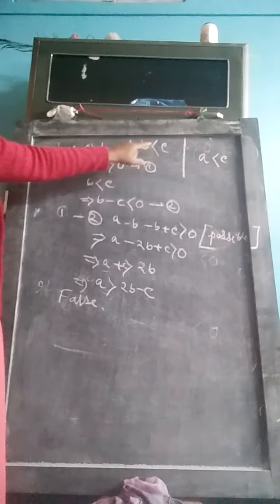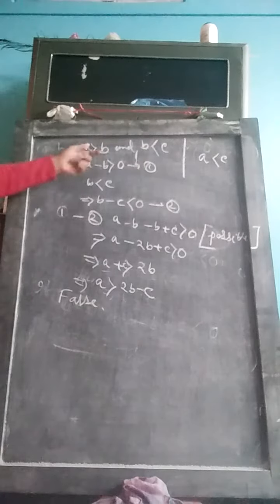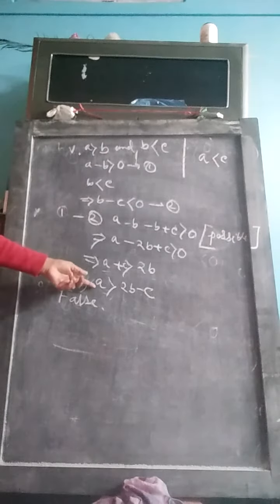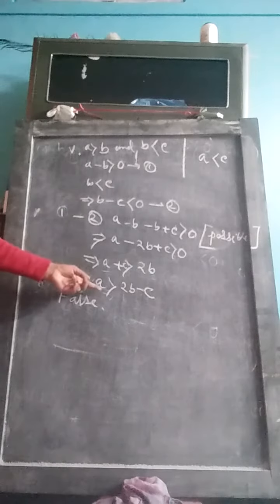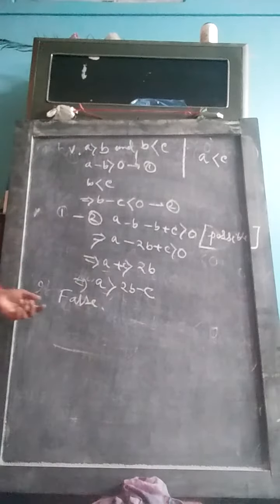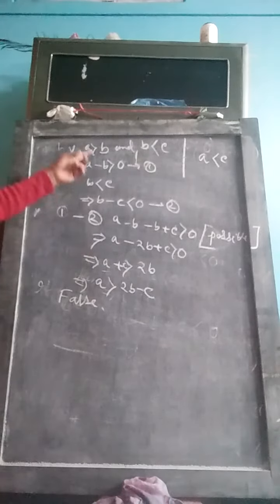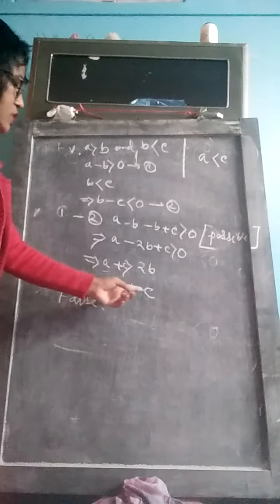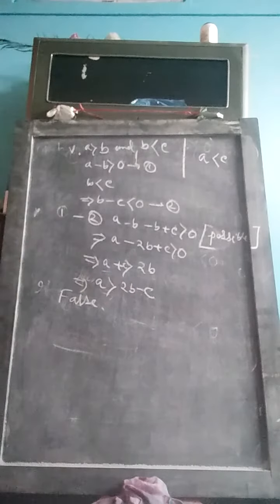If we subtract c from 2b, then what happens? This is only a, not twice a, so twice of b must be greater than a. If we subtract, this does not become greater, so it is false.